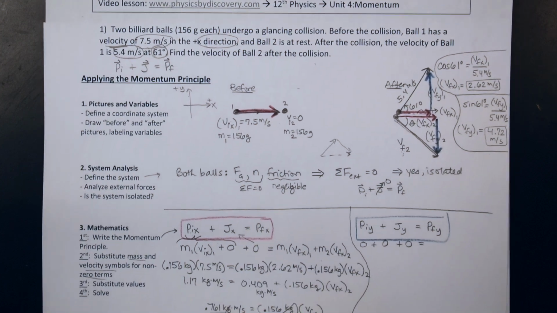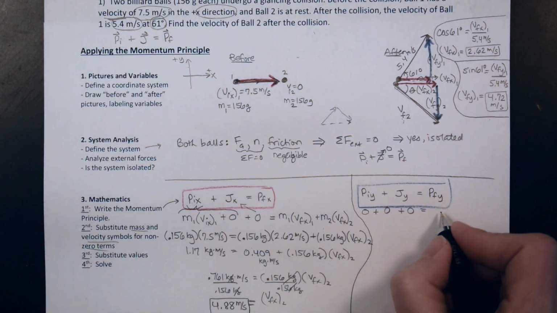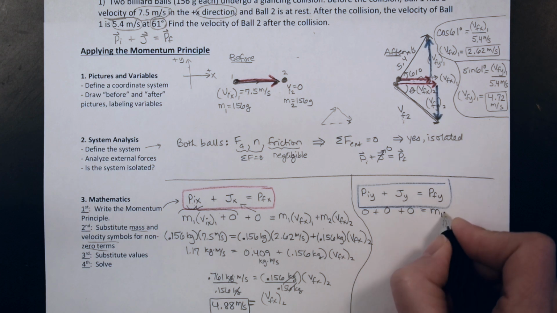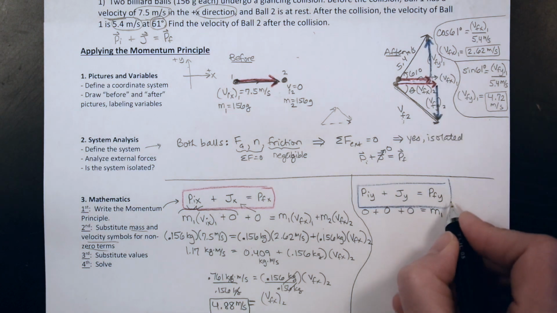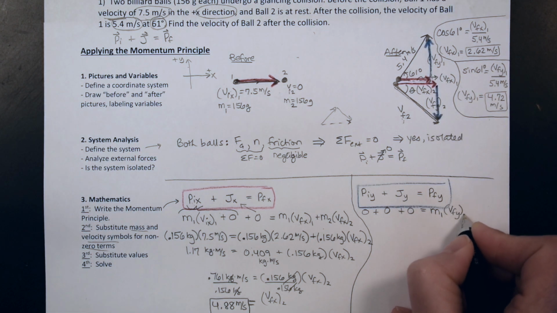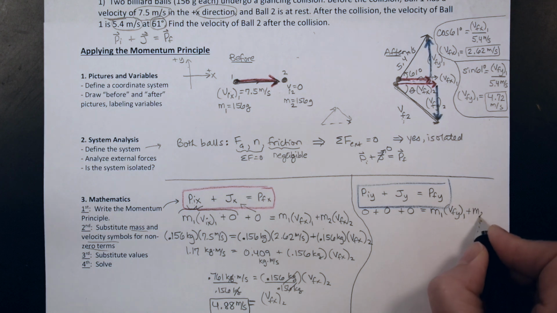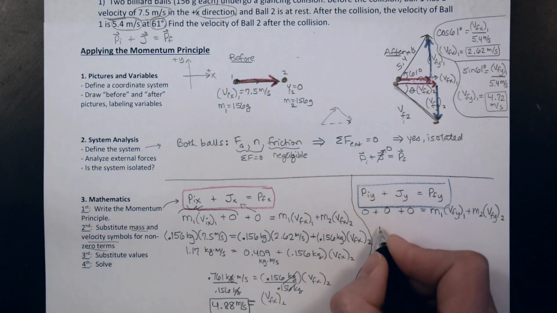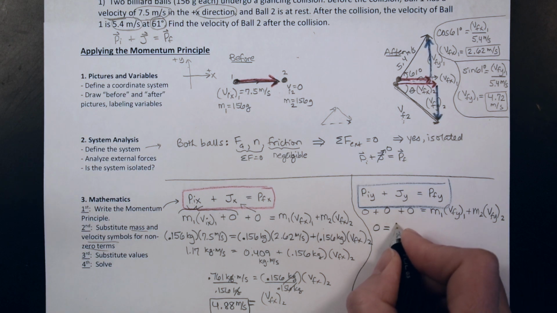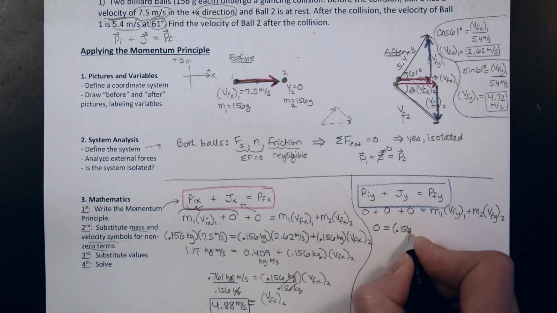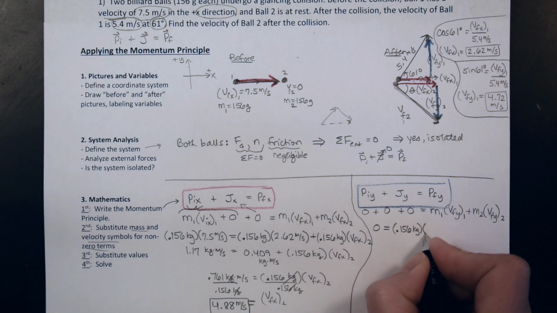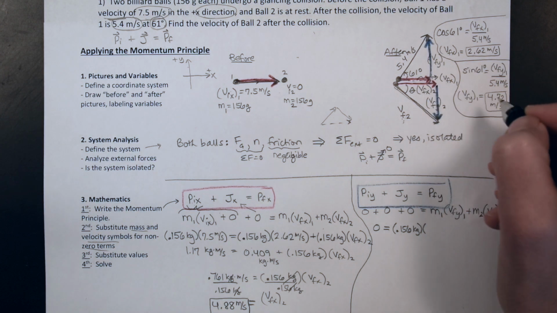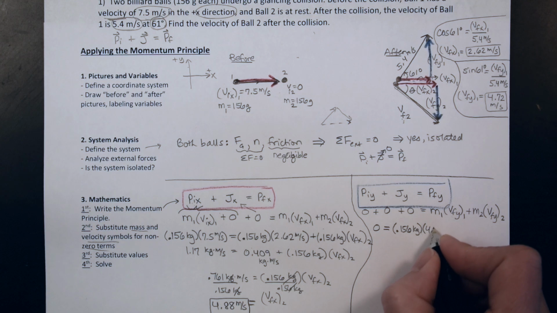So ball 1. We have mass of ball 1 times the v final y of ball 1, and then we have mass of ball 2 times v final y of ball 2. So now put in our values. 0 equals 0.156 kilograms times VFY1, the vertical component of that velocity, 4.72.